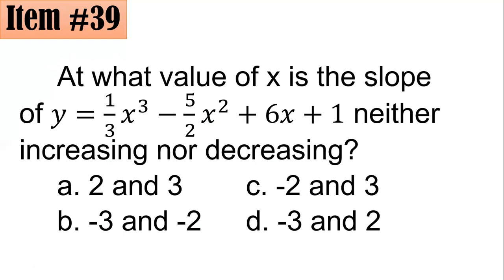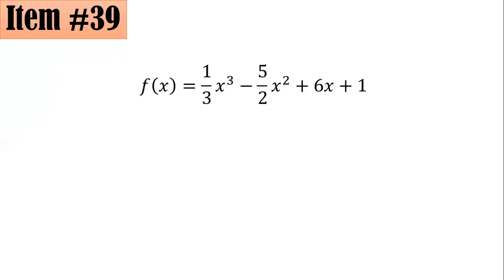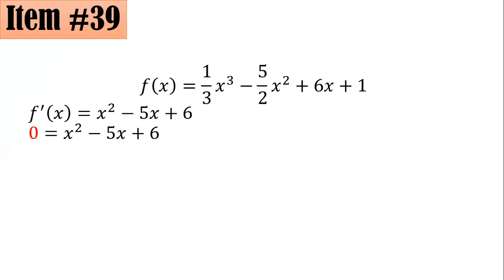So what we have to do here is solve for the first derivative of this function, which is f prime of x, which is x squared minus 5x plus 6 using your power rule. As I said earlier, neither increasing nor decreasing tells us that the value of the first derivative, or slope, is 0. So 0 equals x squared minus 5x plus 6.